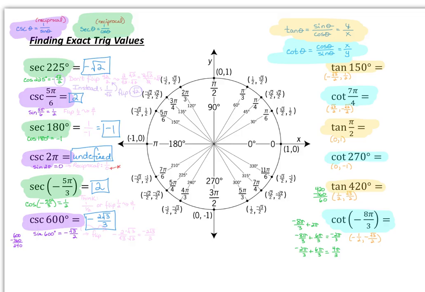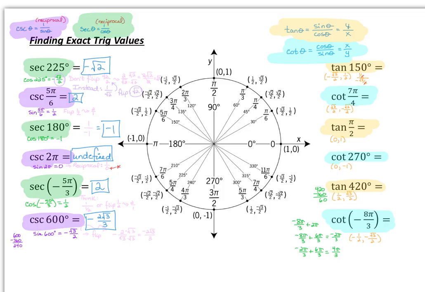So tangent is going to be y over x, and so that's going to be 1/2 divided by negative radical 3 over 2. Then I can cancel the 2's because they're the same. When you have a fraction over a fraction and the denominators are exactly the same, you can cancel the denominators.